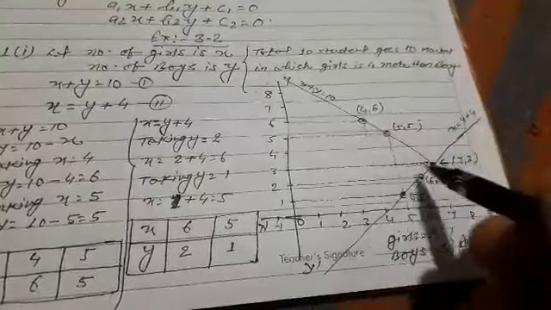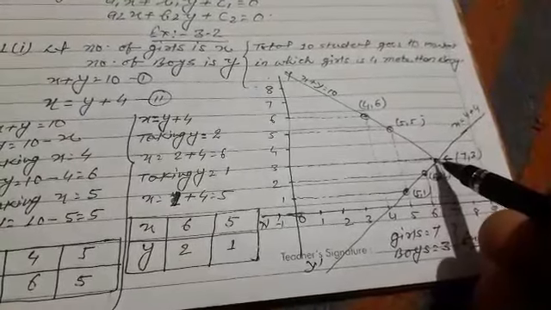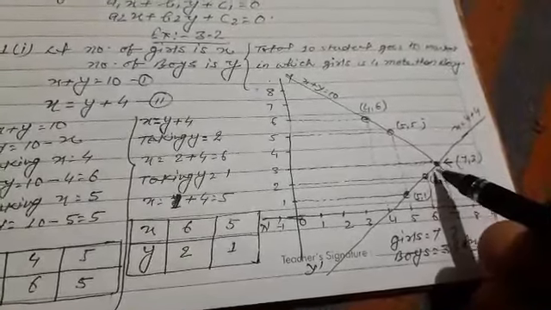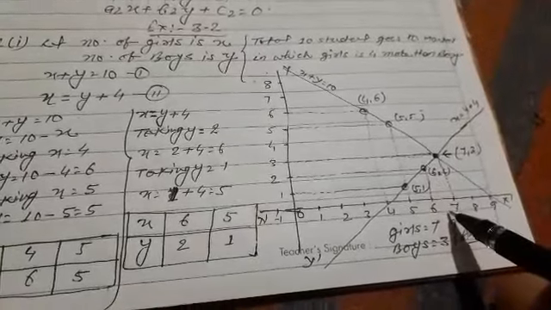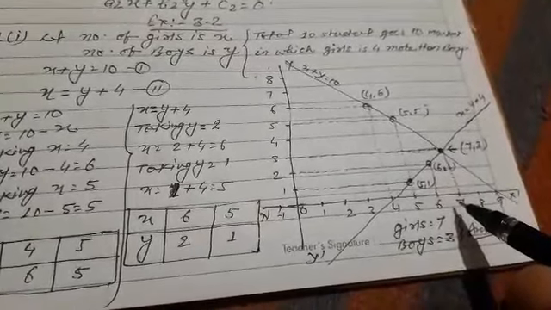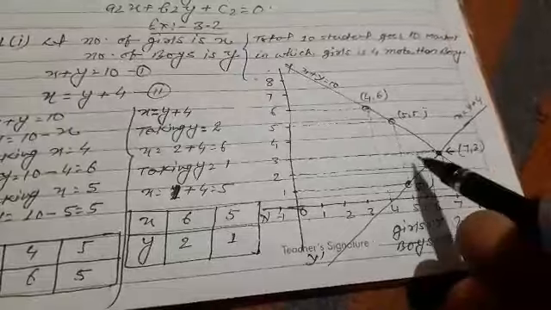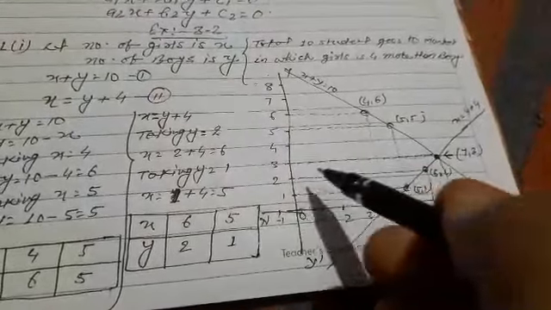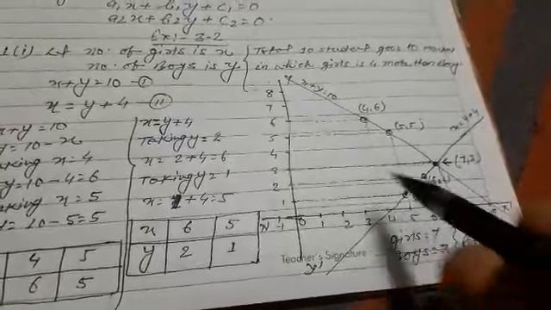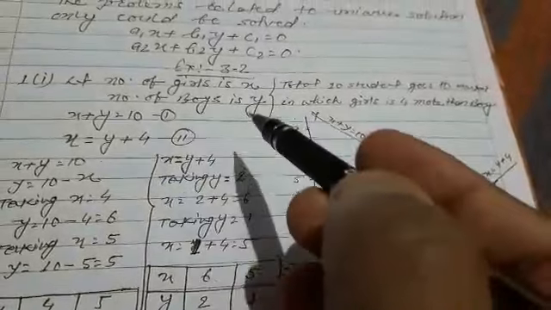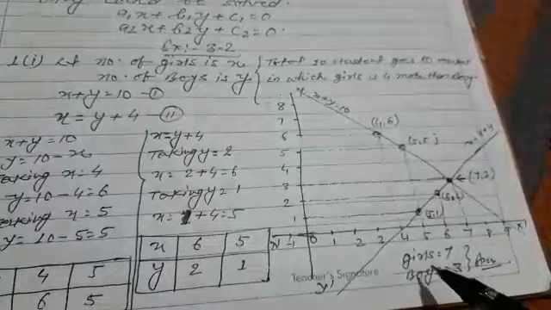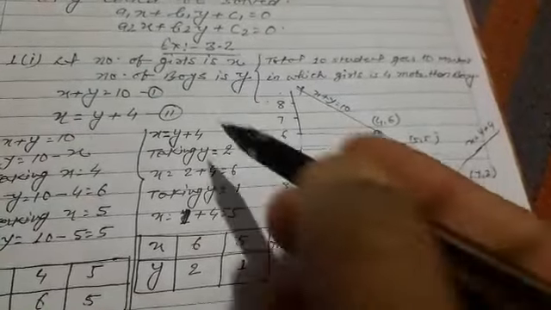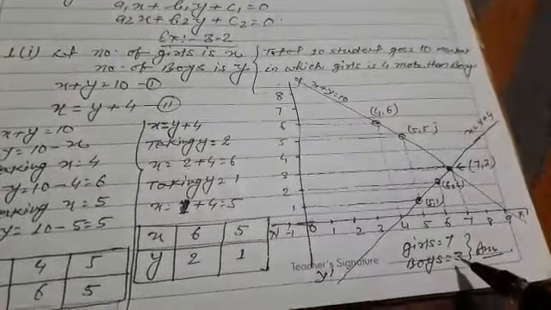Now we observe that these 2 lines intersect each other at a point. When we draw a vertical line from this point, we observe that it meets the x-axis at 7 and it meets the y-axis at 3. It means x equal to 7 and y equal to 3. It is the solution. And since in the question x is girls, the number of girls is 7 and y is boys, so the number of boys is 3.